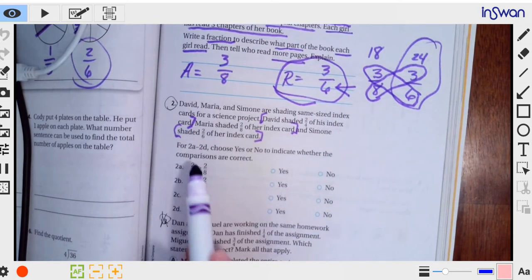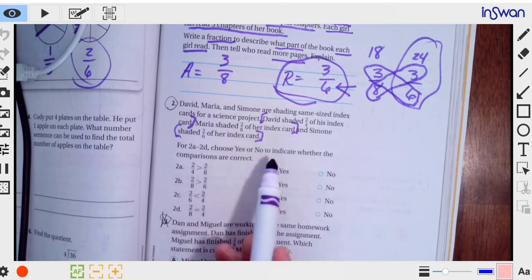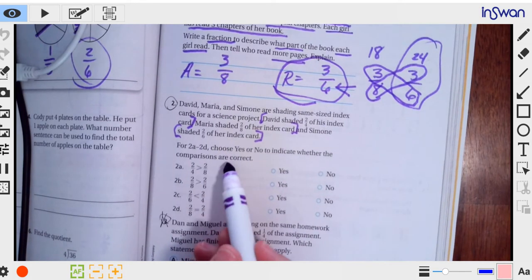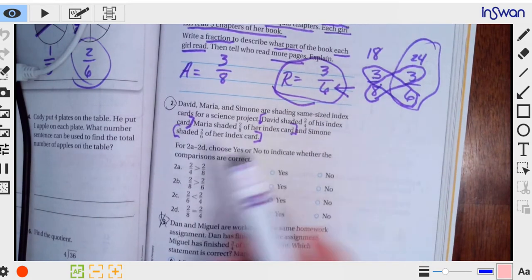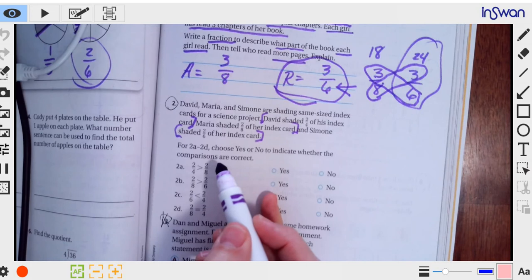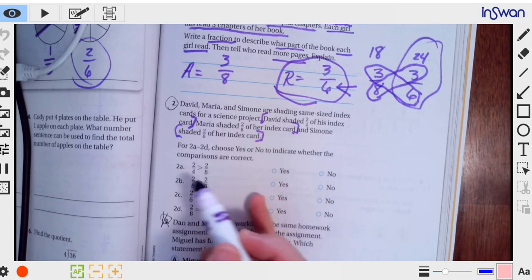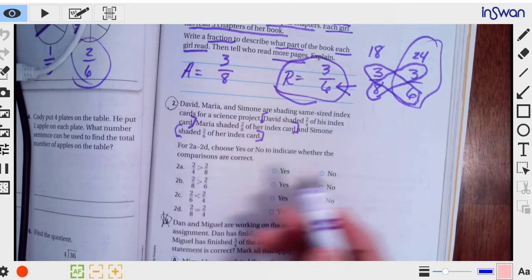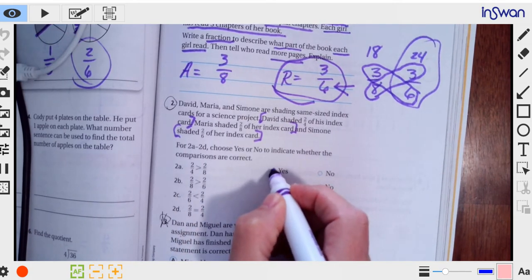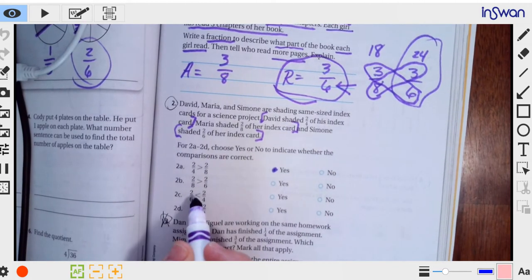For 2A through 2D, choose yes or no to indicate whether the comparisons are correct. We have 2/4 and 2/8, just like up here. The numerators are the same, the denominators are different. So we look at the sizes of the pieces. 4ths are going to be larger because the pieces are larger. So this is true.